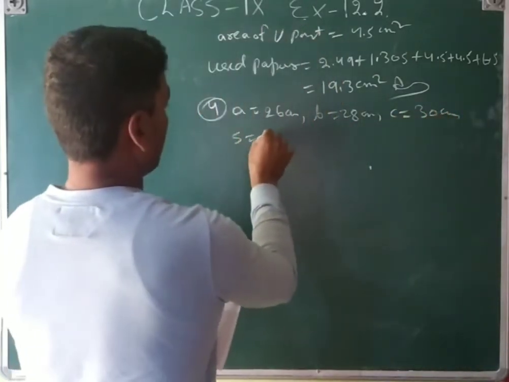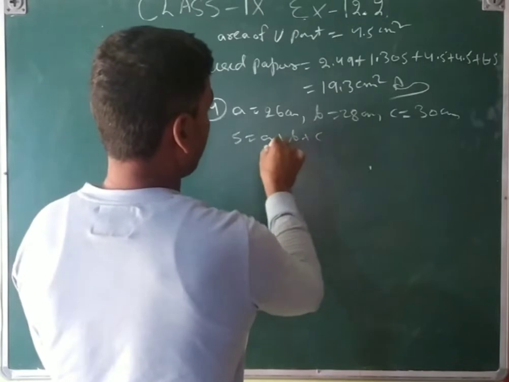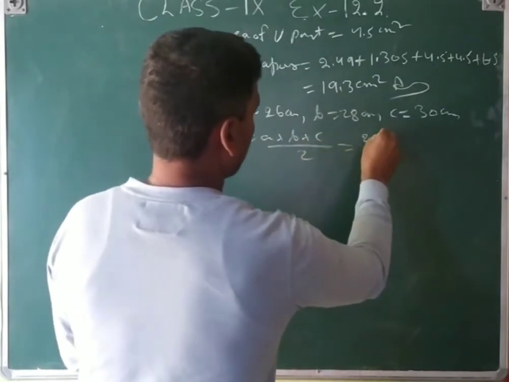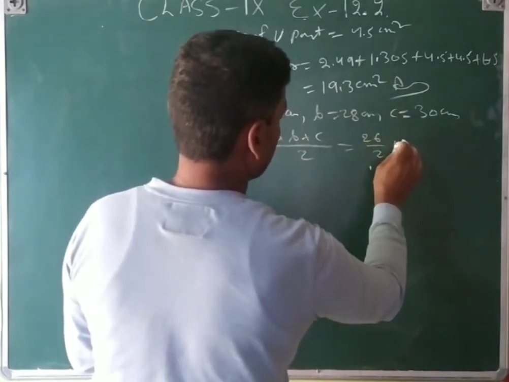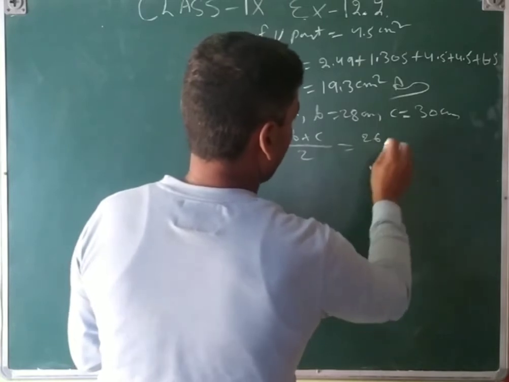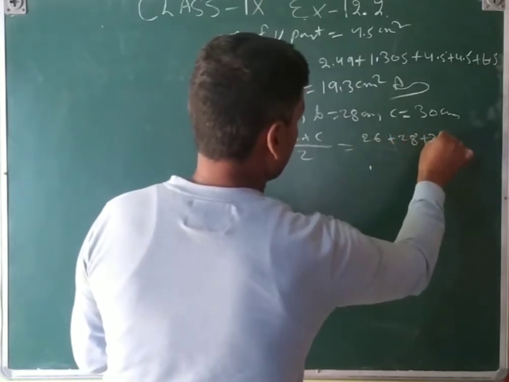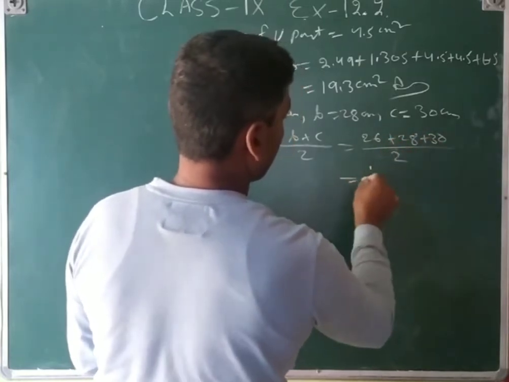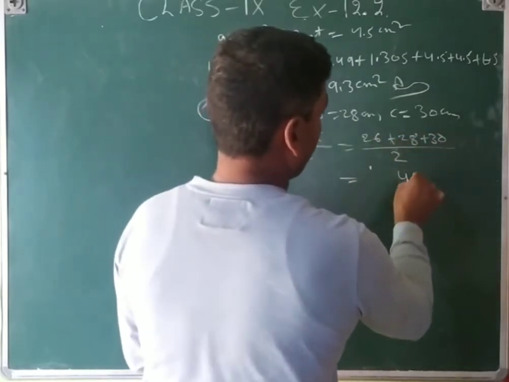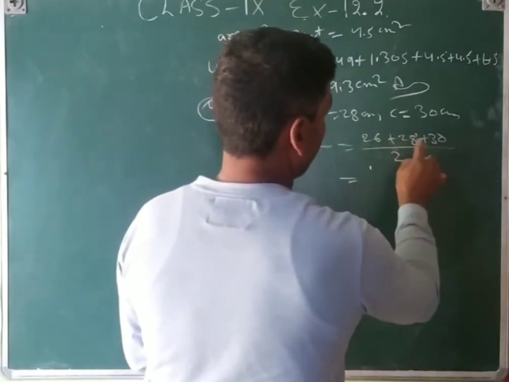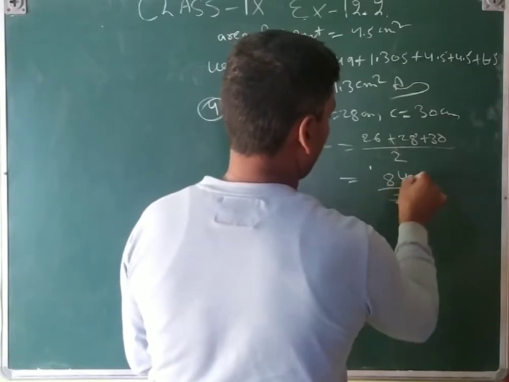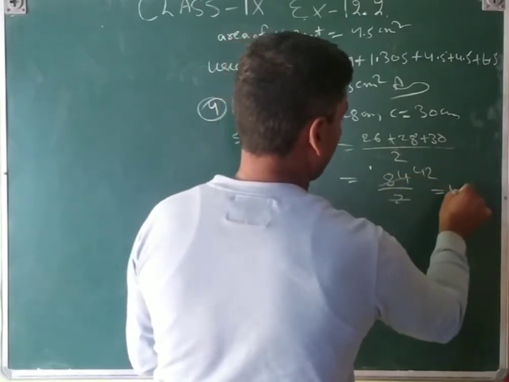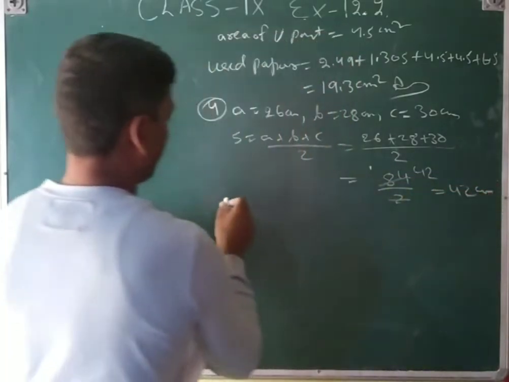So S is equal to A plus B plus C upon 2, that is 26 plus 28 plus 30 upon 2, which is 84 upon 2, that is 42 centimeter.